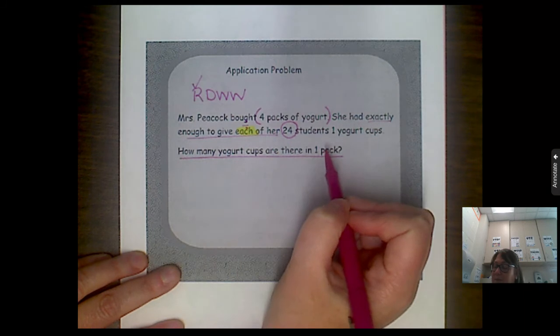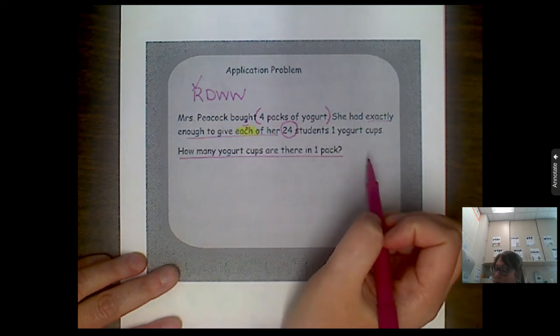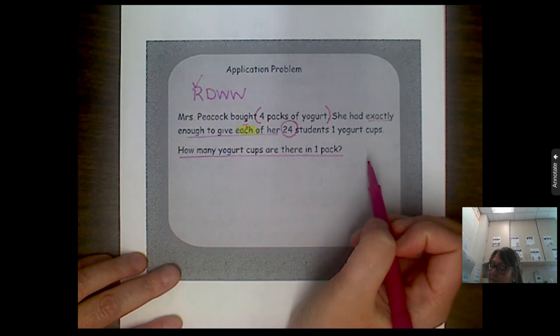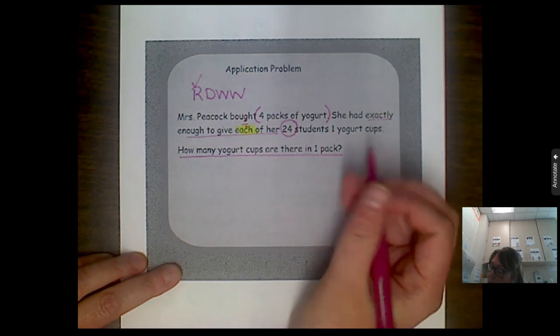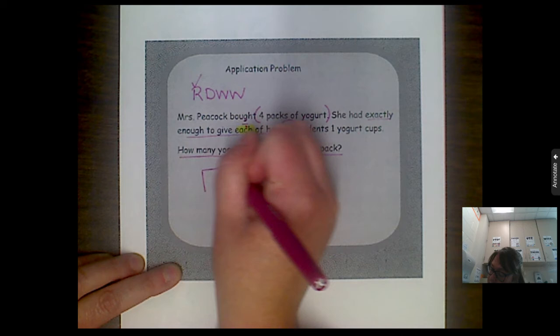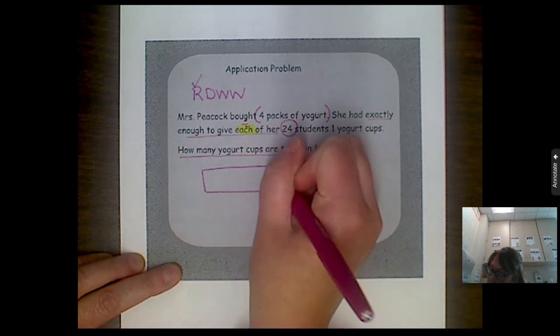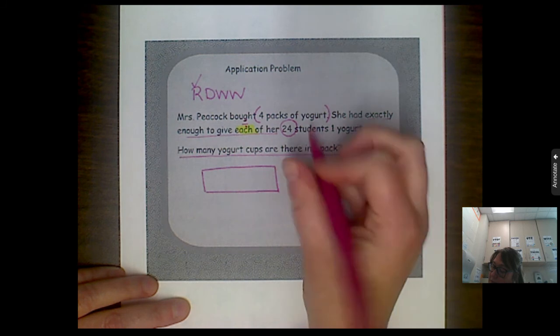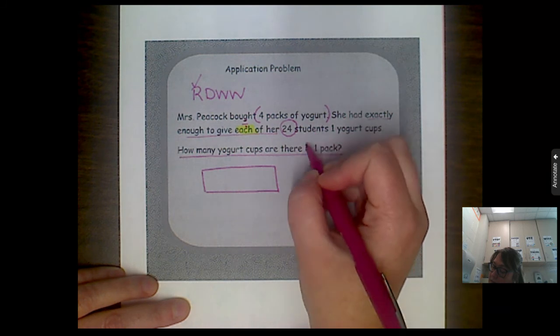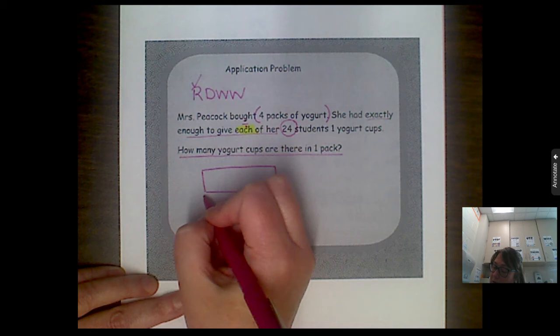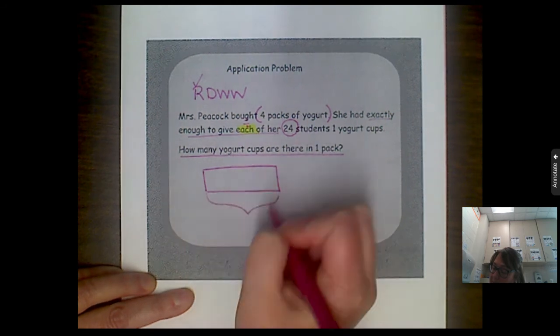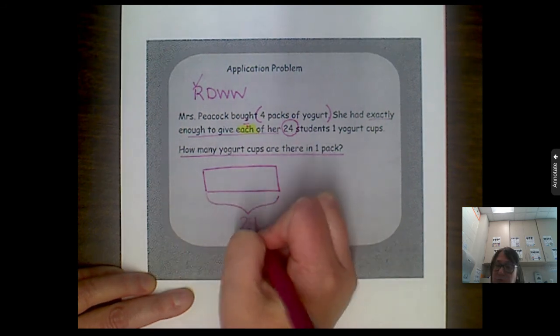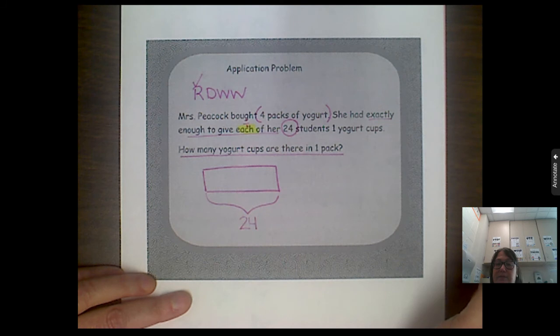Next would be my draw. I want to draw a tape diagram because I told you they're my favorite. Here's my rectangle. And what do I know? 4 packs of yogurt. And we said 24 is the total. So I'm going to scoop my tape diagram and put 24 because that's my total.